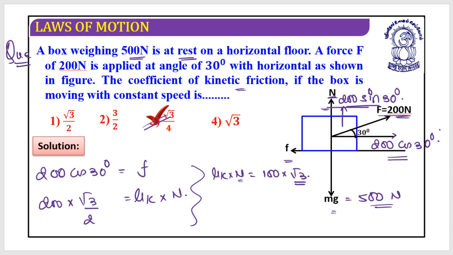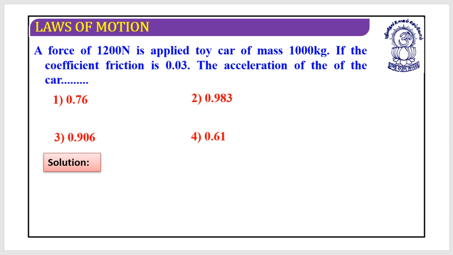But please keep in mind that when an object is in equilibrium, the net force acting on the object is zero. That means you need to carefully consider each and every force acting on an object. I hope this is clear. Great. Let's work on the next question.